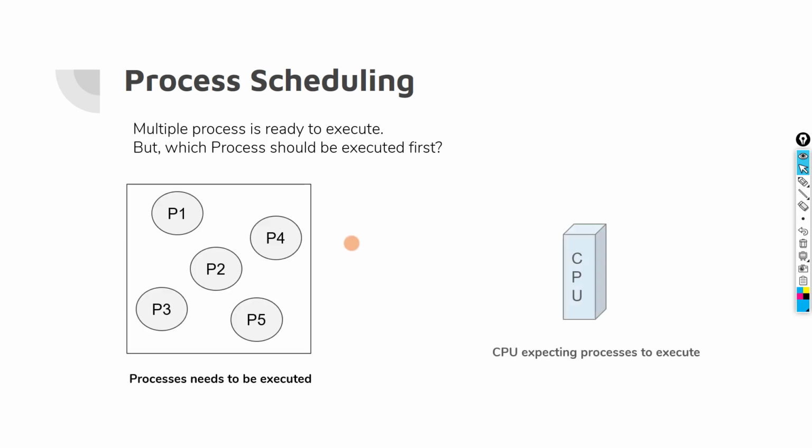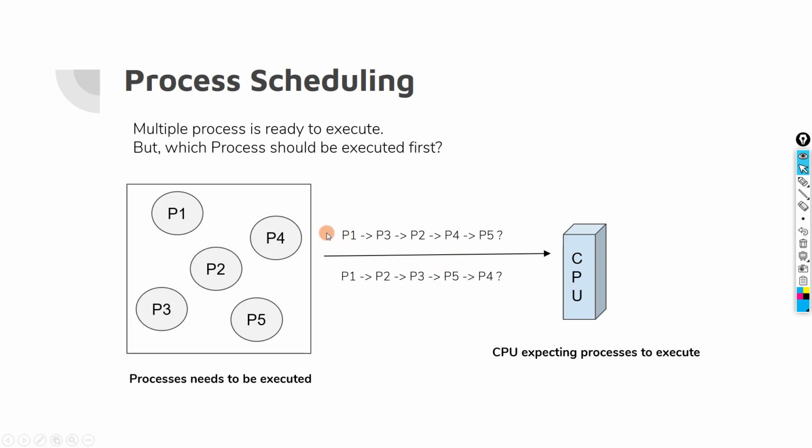If we see, this is the CPU and these are the processes, then many sequences of processes are possible. Say for example P1, P3, P2, P4, P5. This is a sequence of processes, and P1, P2, P3, P5, P4 is another sequence. So we can say there are two schedules.